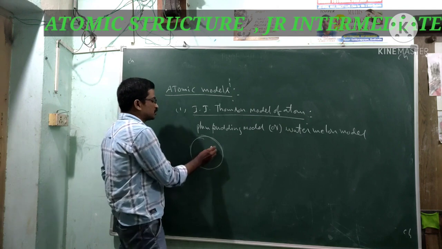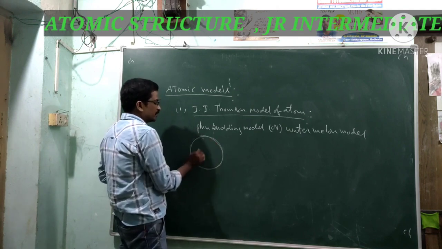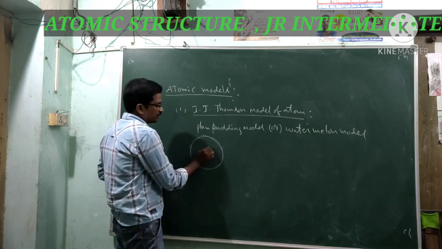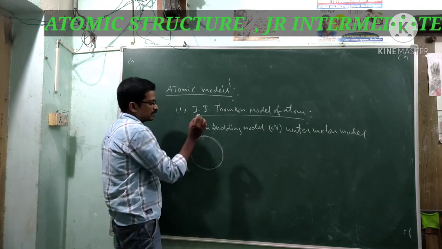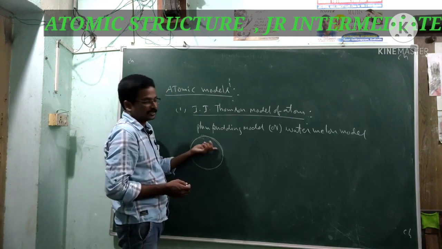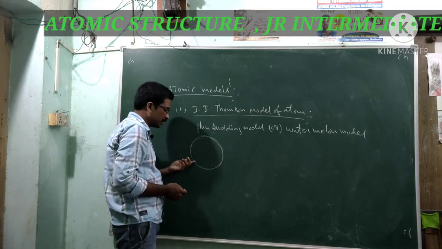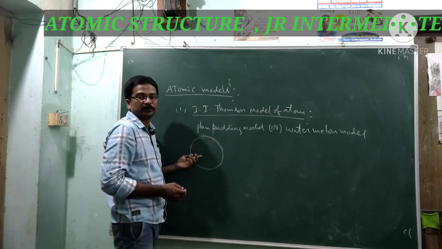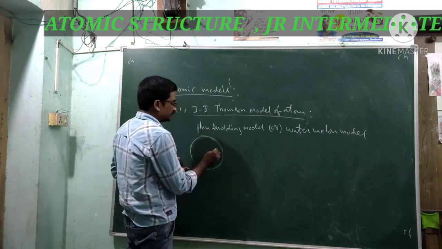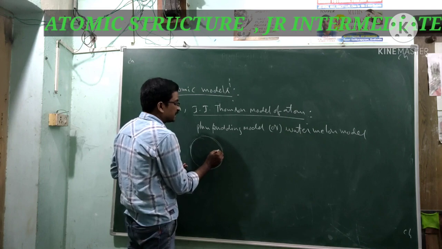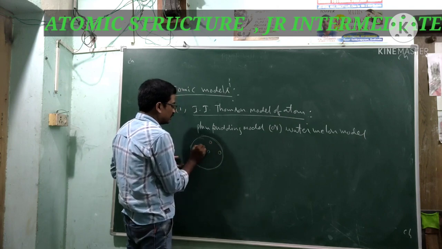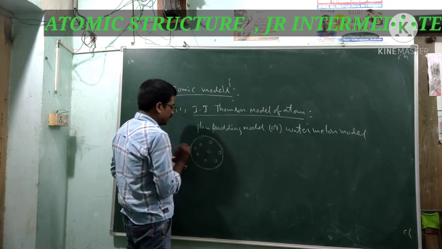The whole positive charge is distributed over all the area. It is not distributed in a particular area. The positive charge is distributed over all the area of an atom, and the seeds are represented as electrons. These are randomly distributed.